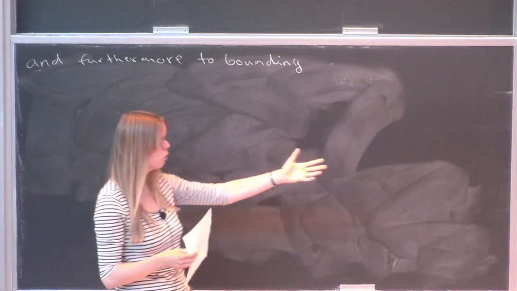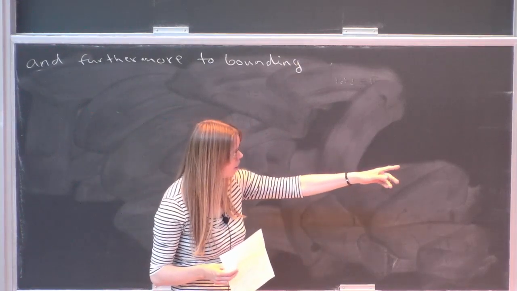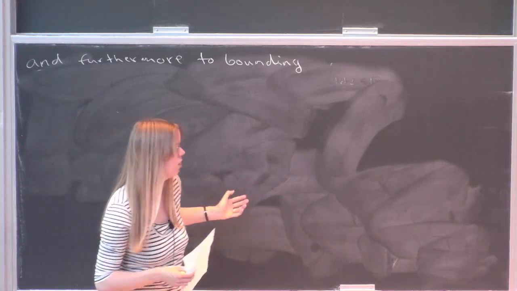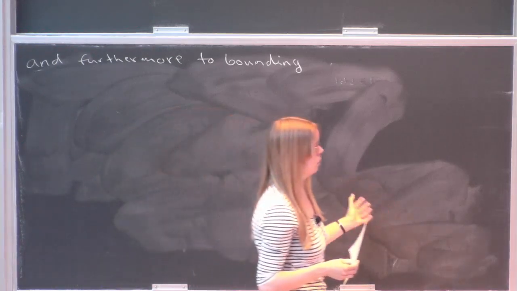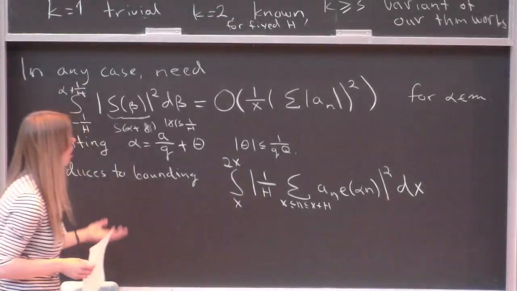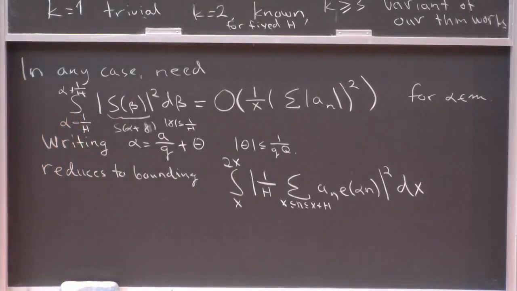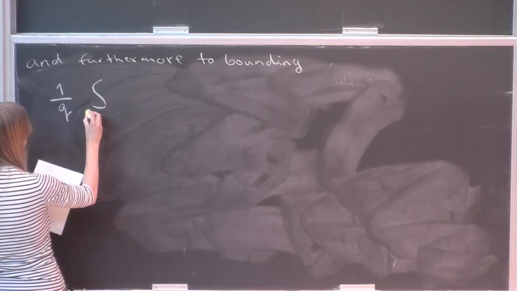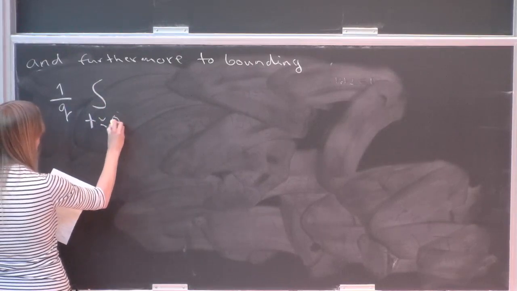So what happens is we use Perron's formula, and then we open the square and integrate over x and get some savings there, but we have to use some stationary phase method to deal with this alpha thing and things like this. But anyway, what we end up with after doing this and after splitting into characters mod q, so there's some technical stuff going on here, but eventually we reduce to bounding 1 over q times the integral of t around theta x.